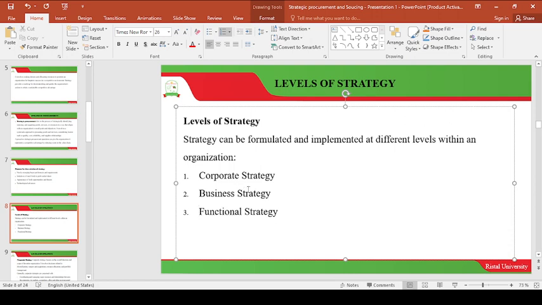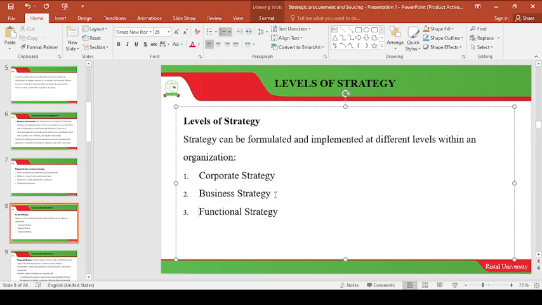Then we have the business strategy, which is looking at the competitive advantage or the competitors, or which business you should invest in or venture in for the organization to grow.